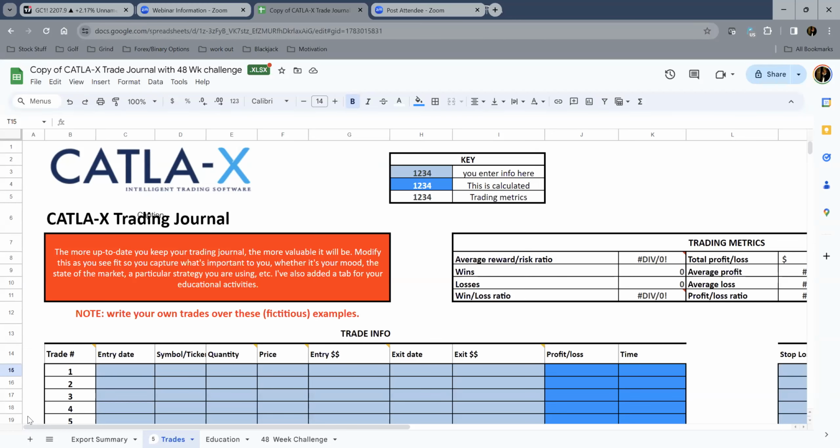Now for your scalpers, you only need to mark your highly manipulated zones for the 1 hour and the 30-minute time frames. Okay, scalpers, 1 hour and 30-minute time frames. Intraday traders, your highly manipulated zones will come from your daily, your 4 hour, and your 1 hour time frames.